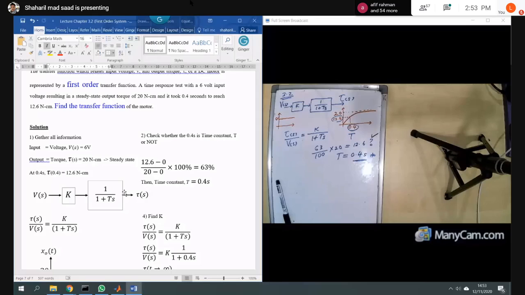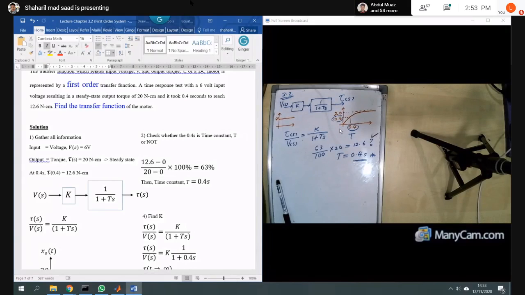Now you get the first parameter, the time constant. Is it clear? The time constant refers to the output that is 63% of the final output. In this solution, I do it like this: 12.6 minus 0 and 20 minus 0, in case your initial value does not start from 0.